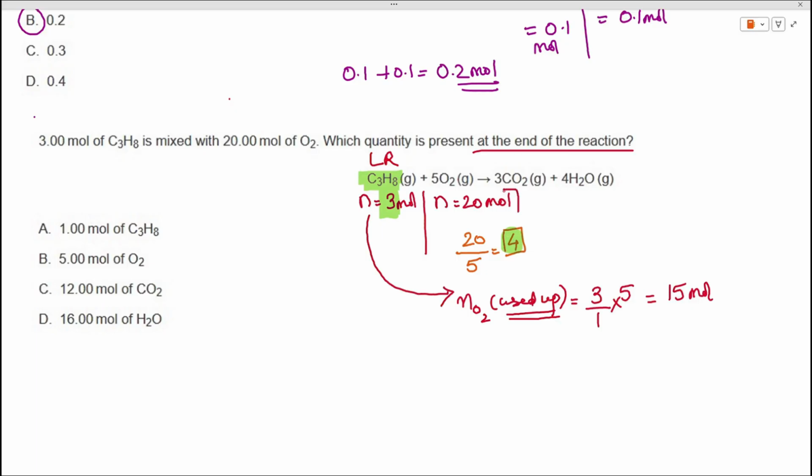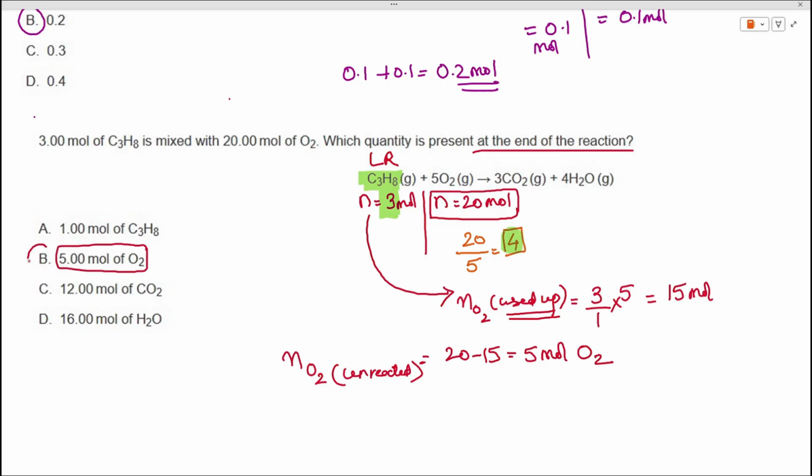The number of moles of oxygen given is 20, out of which 15 are used up. So the number of moles of oxygen left unreacted is 20 minus 15, which is 5 moles. So our right option is 5 moles of oxygen, which is option B.